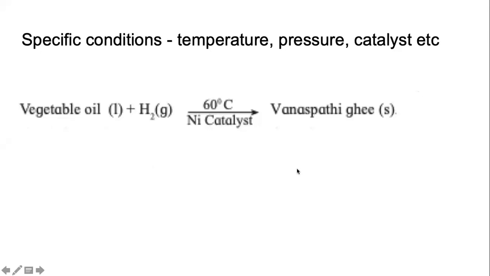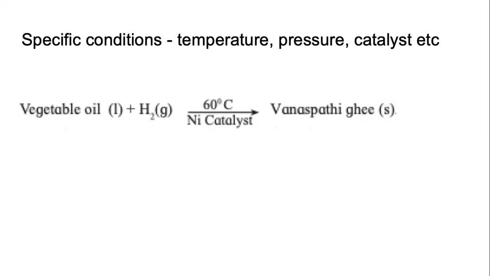Sometimes the reactions happen at a particular temperature, at a particular pressure, or when something special is present, and that something special which makes a reaction possible is called a catalyst. For example, we discussed this last year. If you remember, there used to be vanaspati ghee, Dalda, that came in a yellow box. It is like ghee but not ghee. Ghee comes from milk.